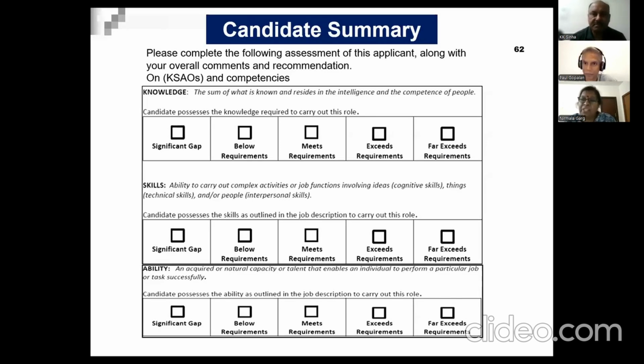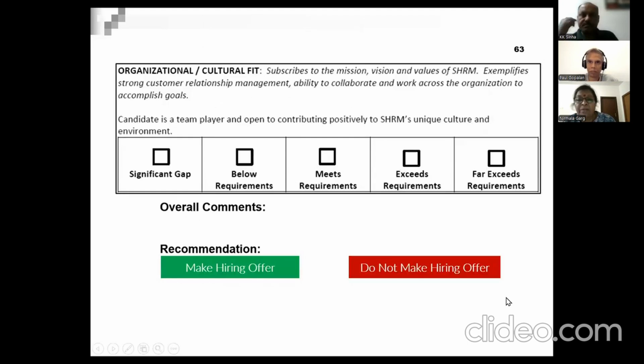There is a way to write, and the more you practice BEI, the more you will get. Every organization will have these formats. You can fill them up during interviews, and use them whether you want to make a hiring offer or not. It is not subjective. You have ample evidence of data to decide whether a person is below, meets, exceeds, or far exceeds.